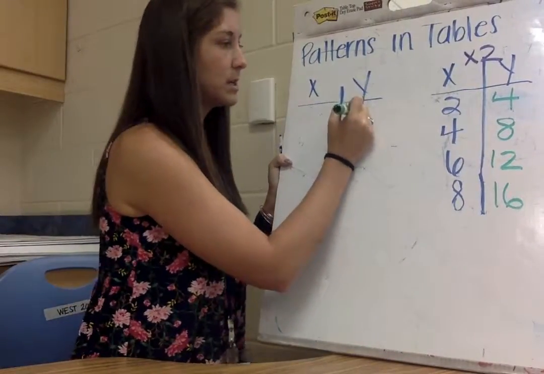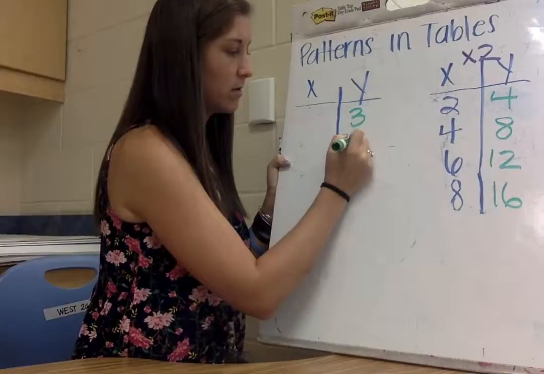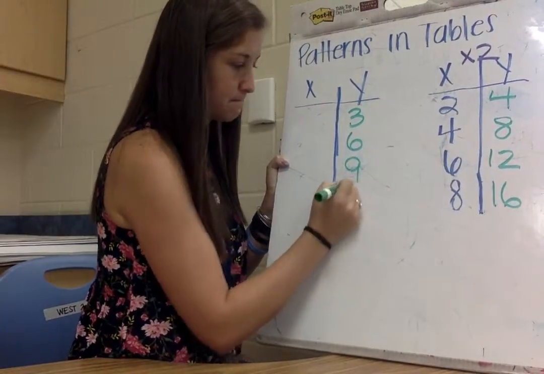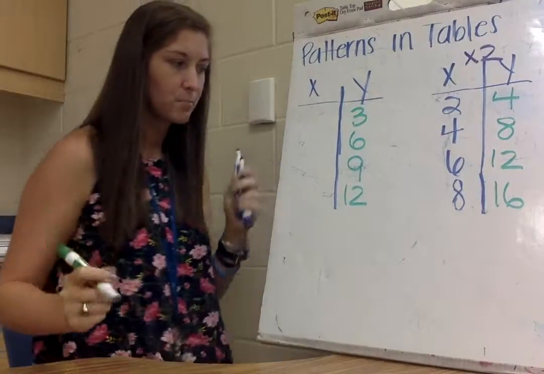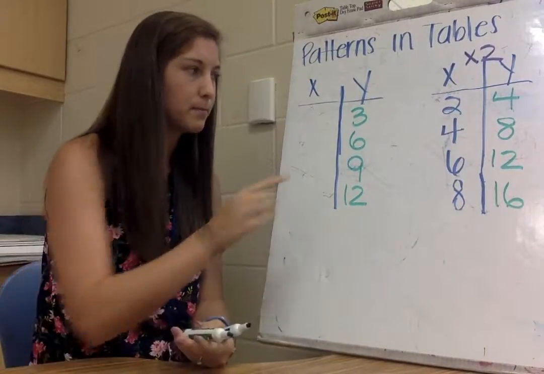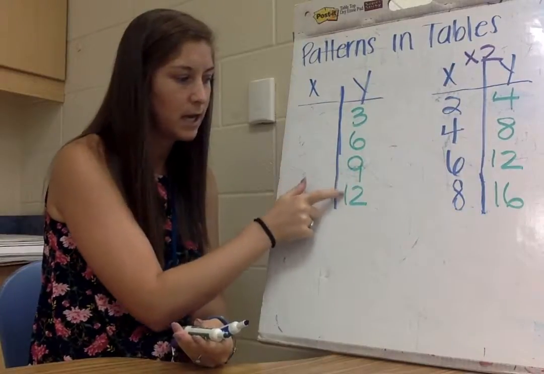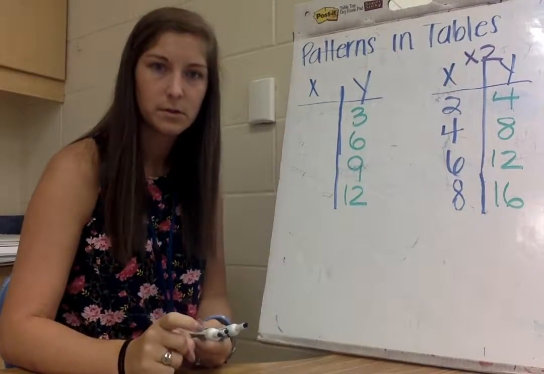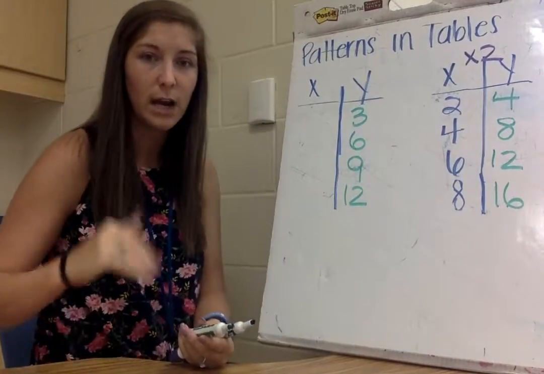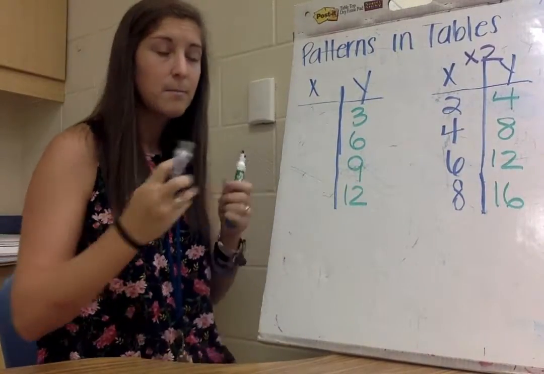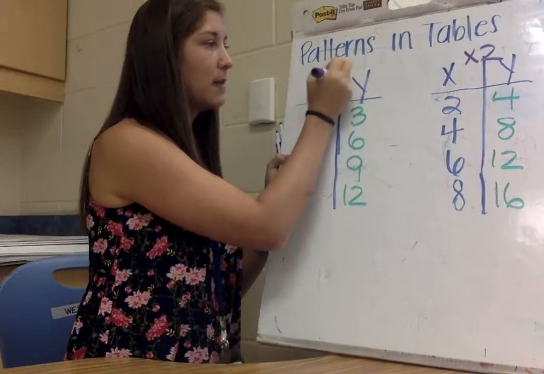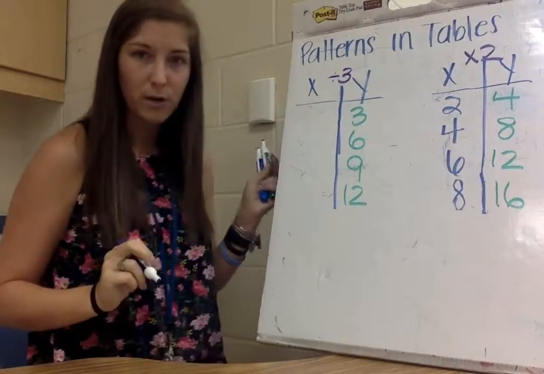So I'm going to say, what do you notice about the pattern in my Y coordinates this time? 3, 6, 9, 12. Good. I'm counting by 3s this time as I go down. Now, I also want to make a pattern over here for my X's. This time my pattern is going to be to divide by 3.